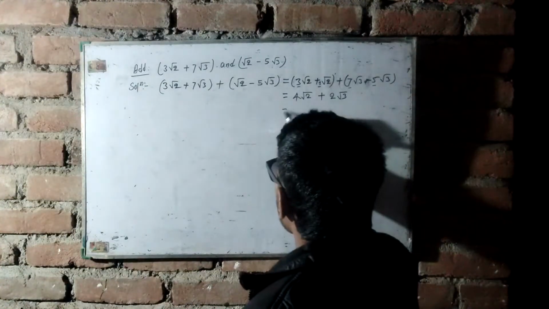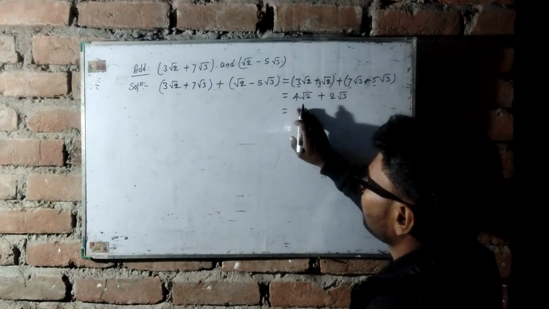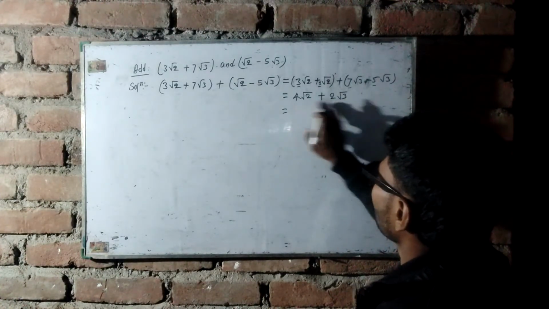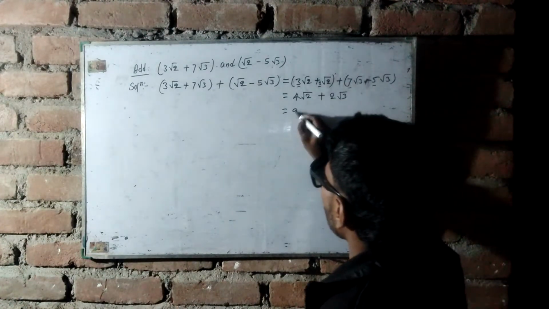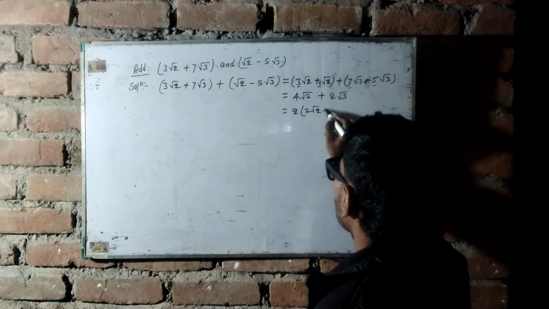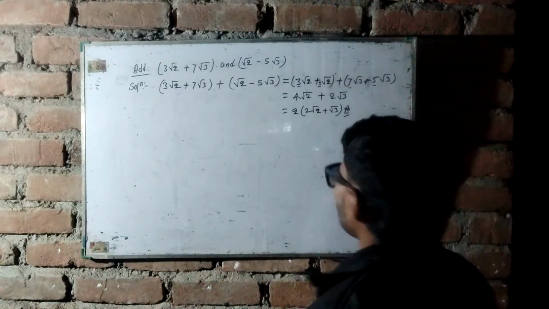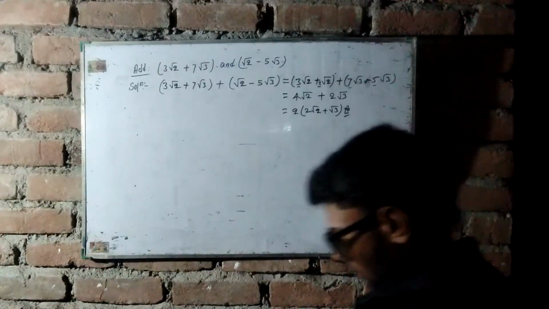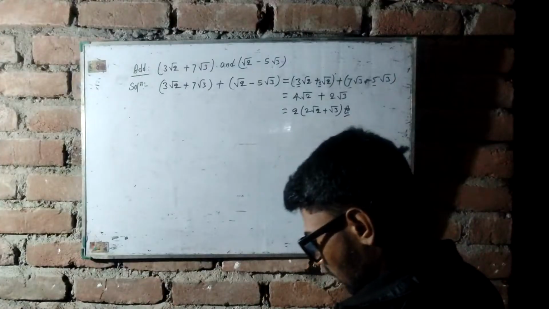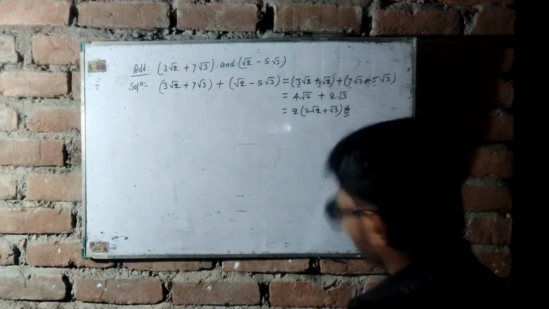So you can see here 2 is present in both terms, so you can write 2 as a common and you can write 2 into root 2 plus root 3. This will be the required answer. Okay.